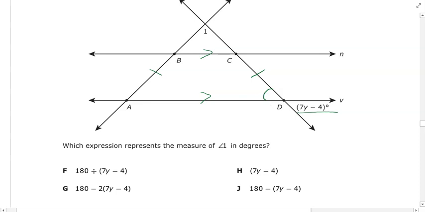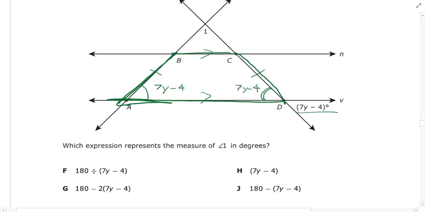And I do know that in an isosceles trapezoid, the base angles are congruent, which means these two base angles on the trapezoid on base AD down there at the bottom do have to be congruent. So both of these two angles are 7y minus 4.